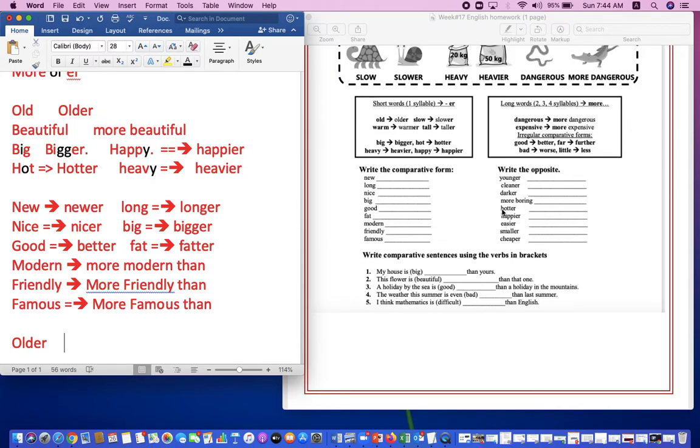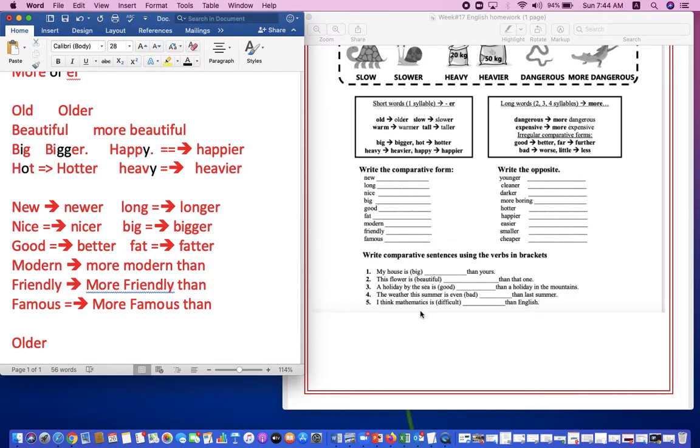Hotter, it will be colder. Happier, sadder. Easier, more difficult. Smaller, bigger. Cheaper, more expensive.